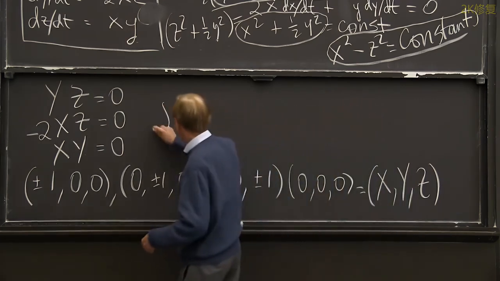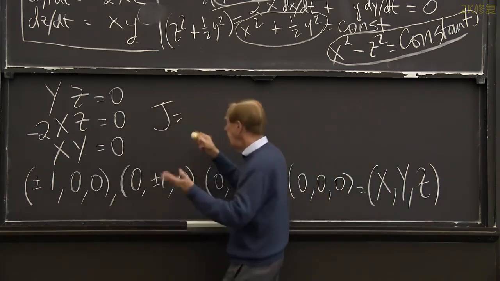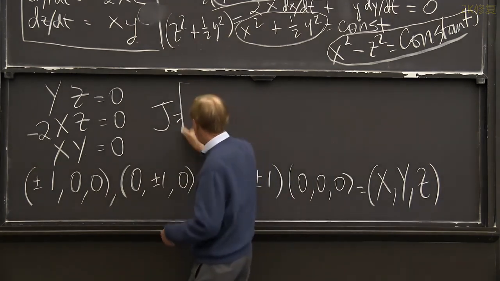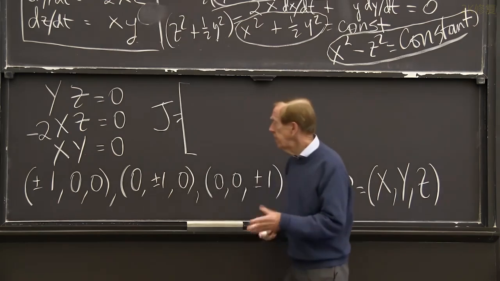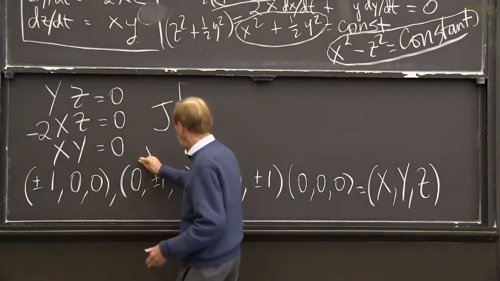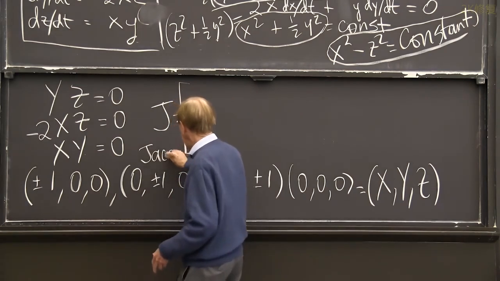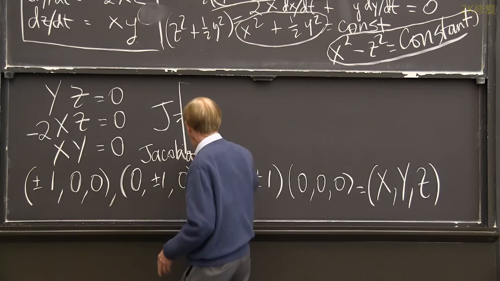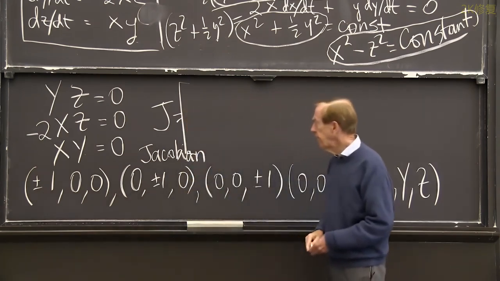J for the Jacobian, named after Jacobi. It's the matrix of first derivatives.